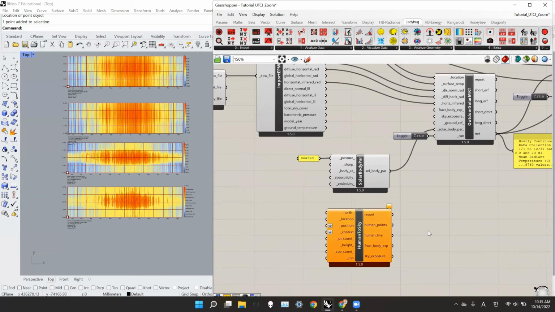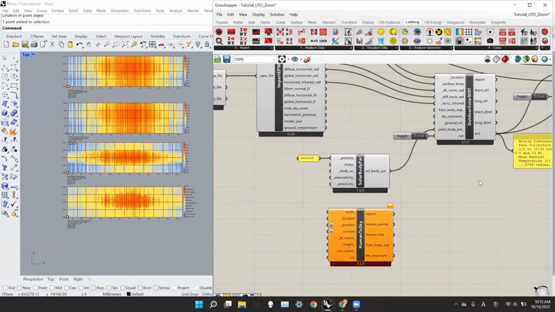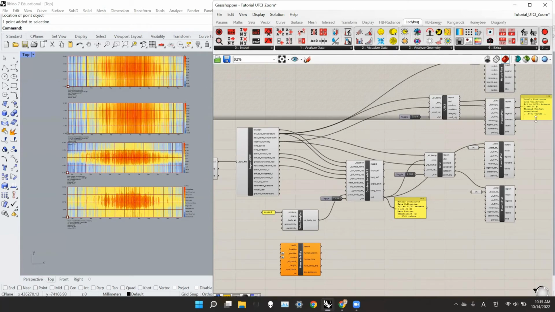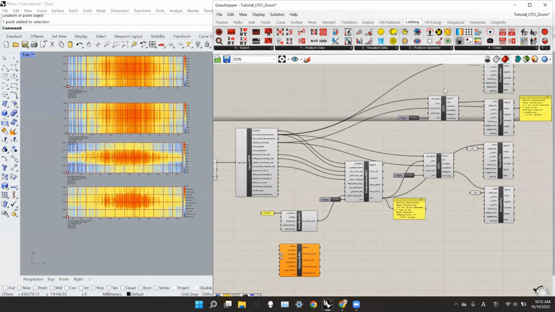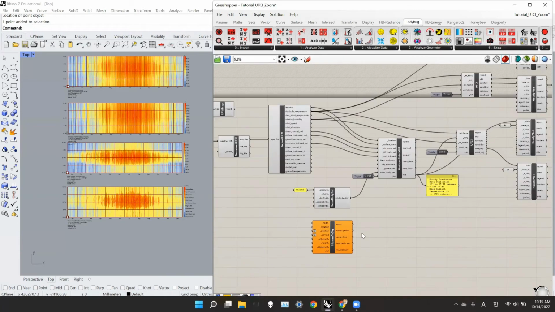Here, this one will tell this component where the person is, because up to here, it doesn't have any contextual data. This one, no sun, these have the solar radiation, but it doesn't have any data about the context.